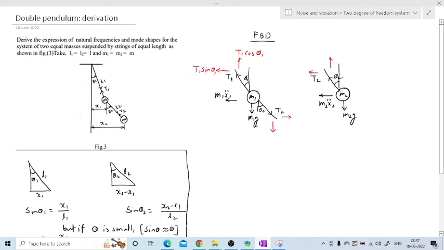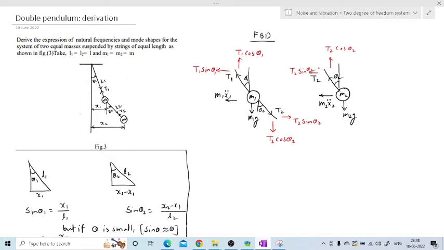Similarly, for T2 we know the angle with the vertical, so it will be T2 cos theta 2, and the horizontal will be T2 sin theta 2. Similarly we can write for the other T2 as well. So I have resolved all the forces given in the system.